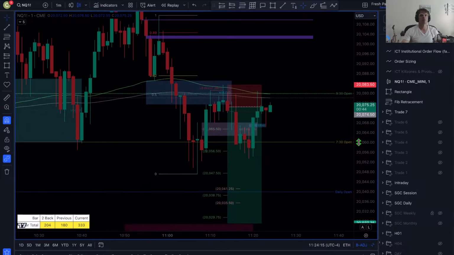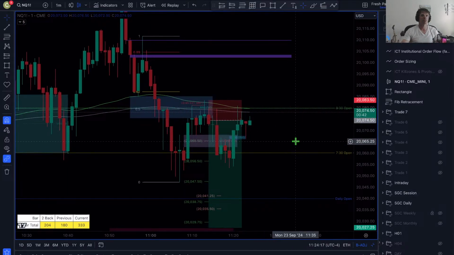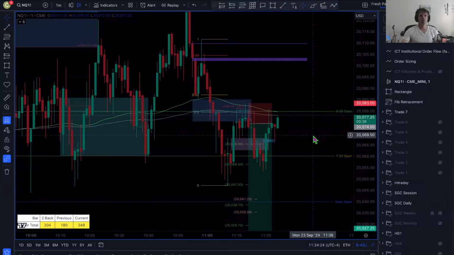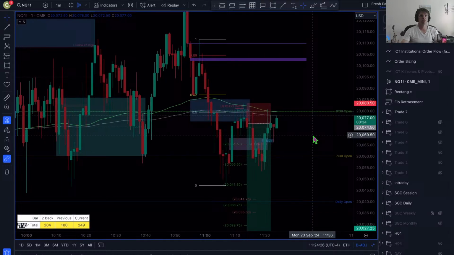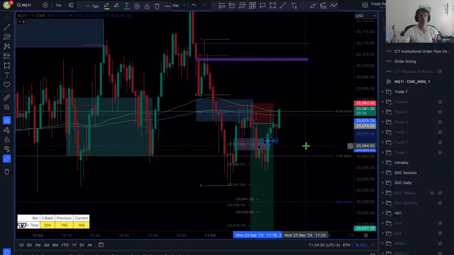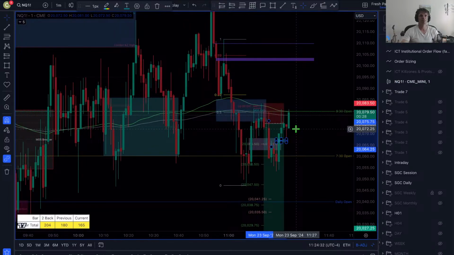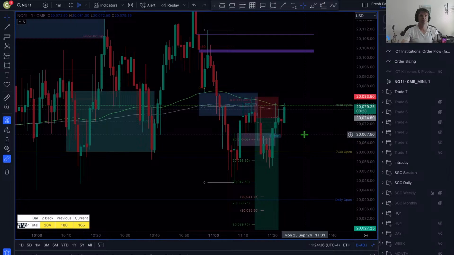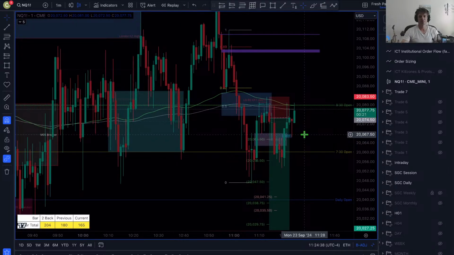Interestingly, it's also AMS to the downside, but you didn't break that structure. But I think that's probably going to do it. But I followed my plan.